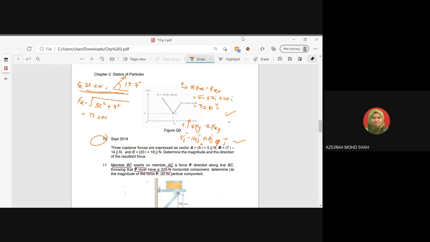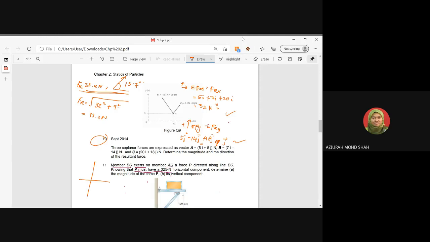Sebab untuk 2D ni, sometimes we ambil negative x-axis as a reference untuk measure dia punya direction, negative x-axis. Sebab kita pakai tangent Fy bagi dengan Fx. So you memang akan dapat dalam ni lebih kurang daripada 90.